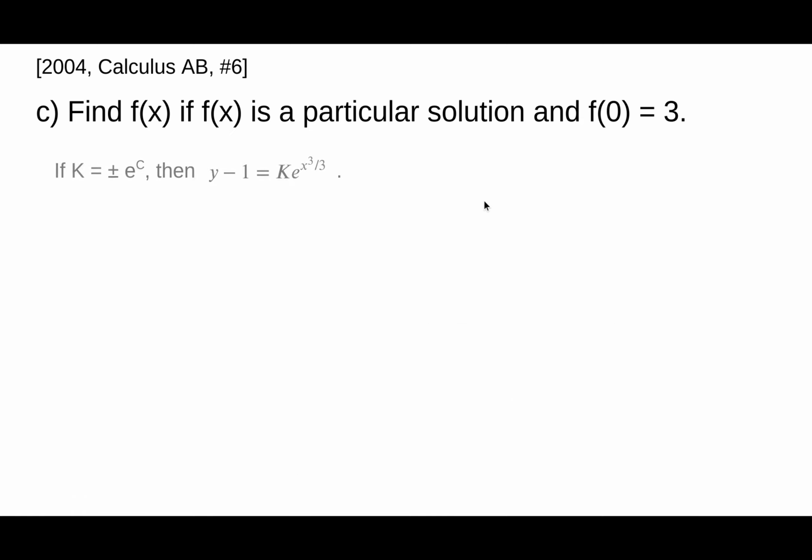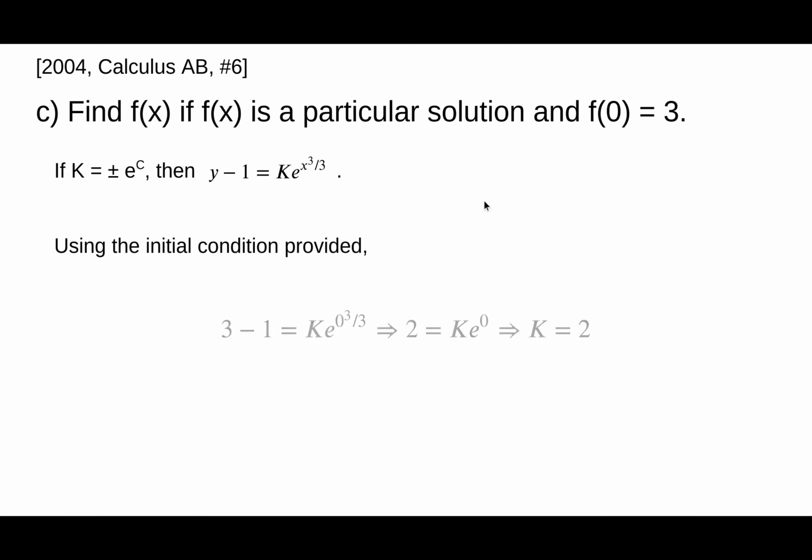Picking up where we left off, using the initial condition that f of 0 is equal to 3, 3 minus 1 has to equal k times e to the 0 cubed over 3, which means 2 is equal to k times e to the 0, which implies that k is equal to 2. So y minus 1 equals 2 times e to the x cubed over 3, which implies that the function y is 1 plus 2e to the x cubed over 3.